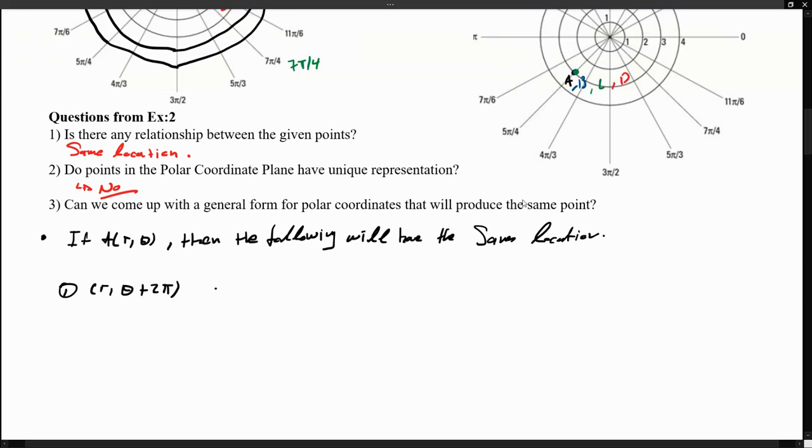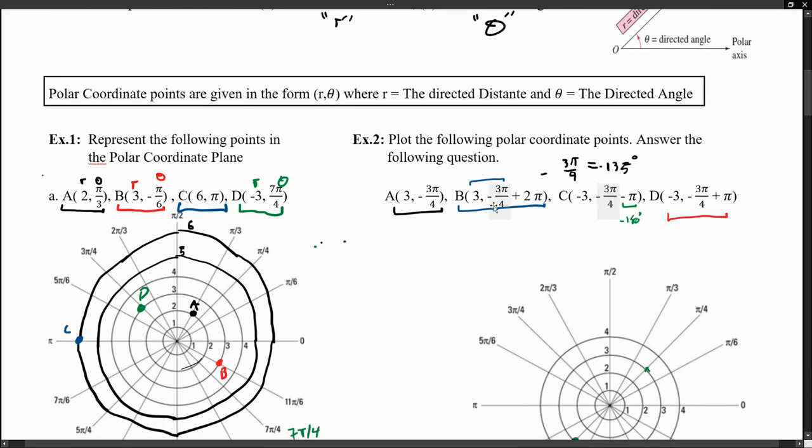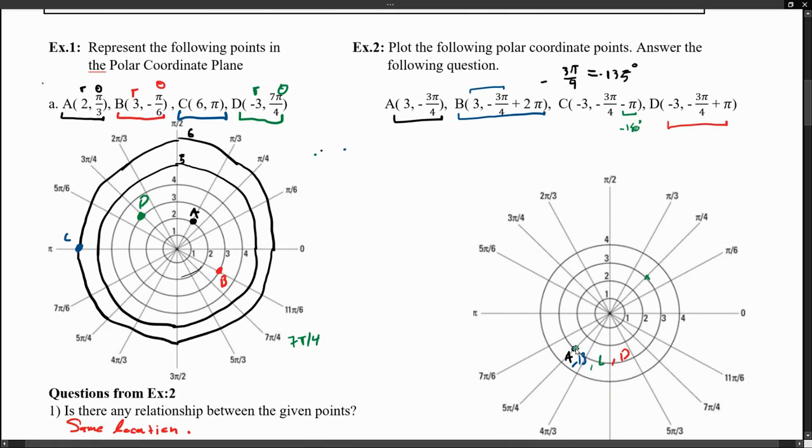Also, another way that we could represent the same point is by taking the original point and changing the value to negative r and subtract the pi. And that's exactly what we did with point C. If you take a look at A, if I change the value of r to be negative 3 and I subtracted a pi, notice that we just shown that it's exactly the same point.